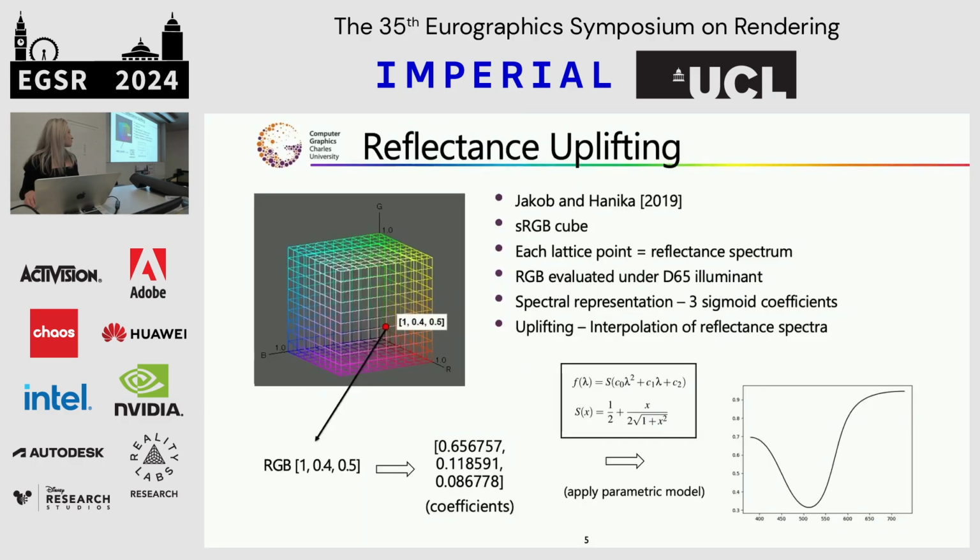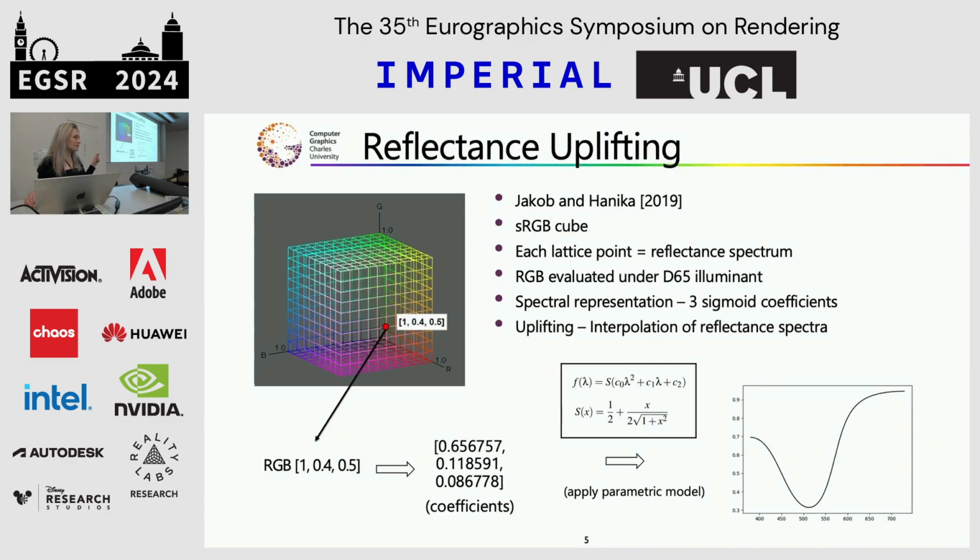And so, for uplifting of general reflectances, the input RGB values are bounded by 0 and 1. Probably the state-of-the-art technique can be considered the one by Jakob and Hanika, presented in 2019. They proposed an uplift model that is created prior to rendering, and it is an sRGB cube that is divided into evenly spaced voxels.